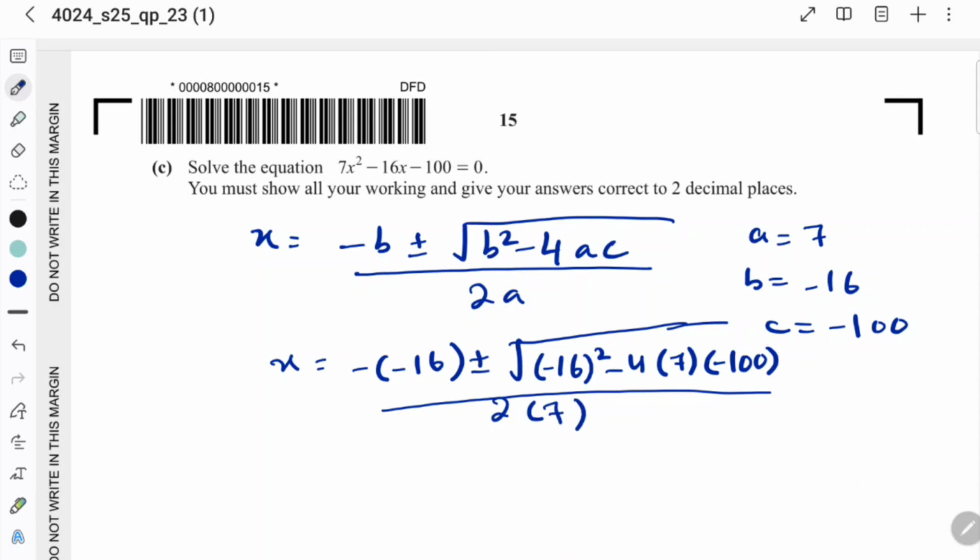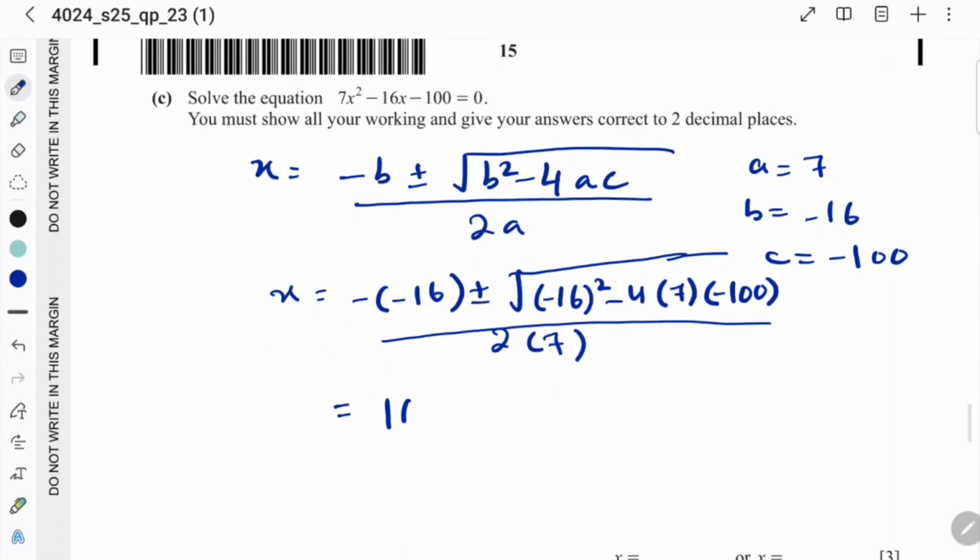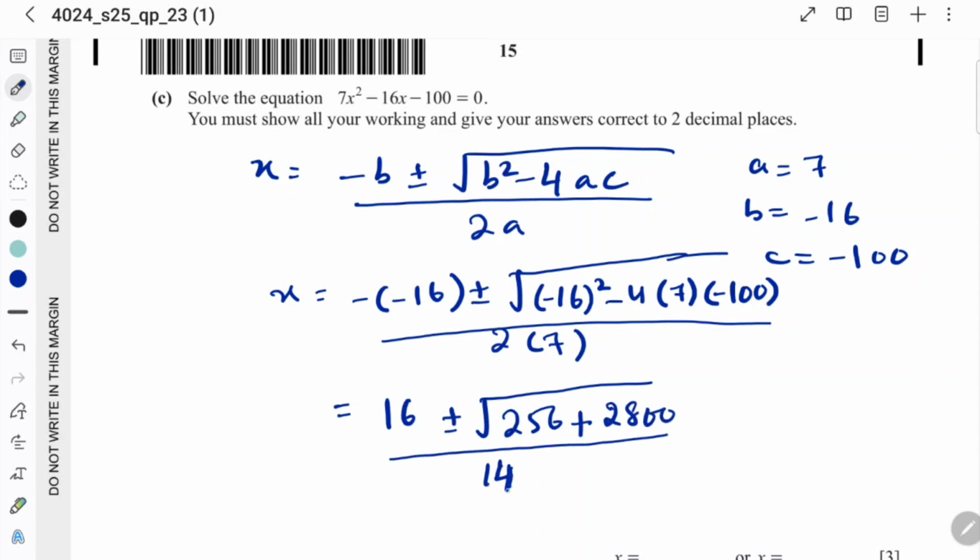Alright, so in this question, whenever you find your answer, it is coming 16 plus or minus the square root of 256 plus 4 sevens are 28, and 28 times 100 is 2800, divided by 2 sevens are 14.